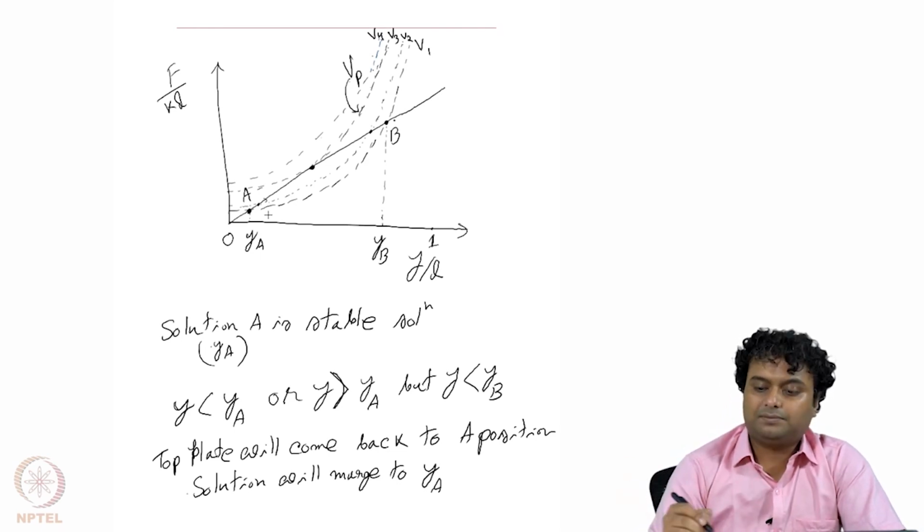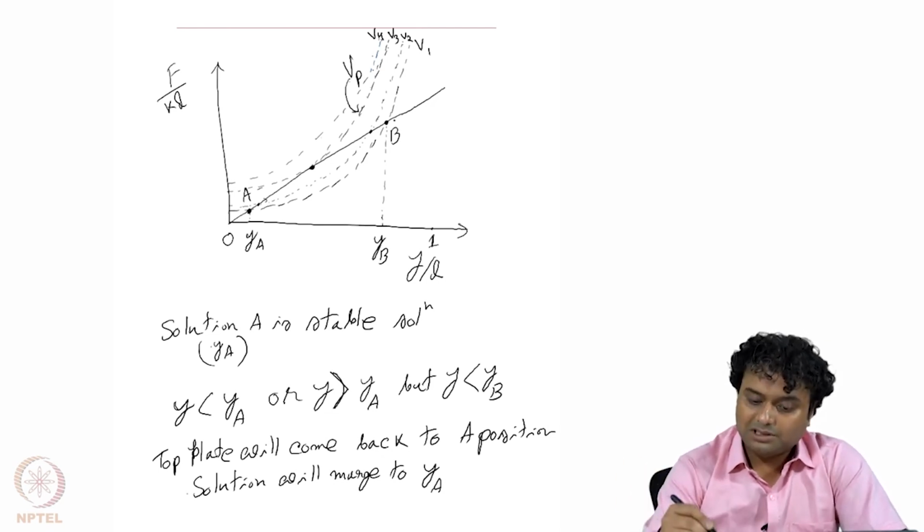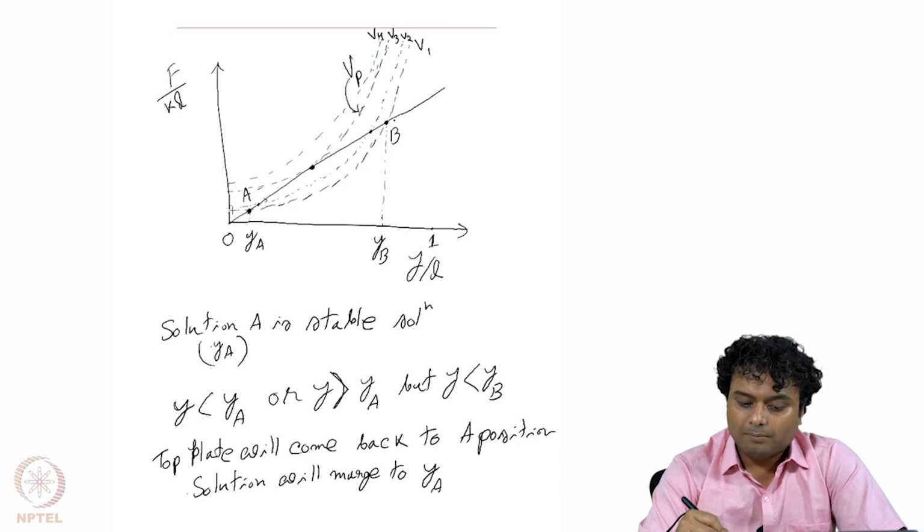So for the V1 case, what we see is that initially the electrostatic force is higher than the mechanical force, right, and as the electrostatic force starts pulling the plate A, it starts to move towards the plate B. So y starts to increase, and as it moves, the mechanical force starts increasing, and at this point A, the electrostatic force and the mechanical force are the same, right.